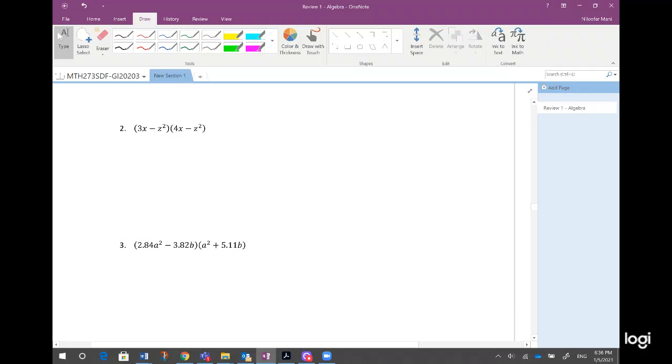Okay, so how about here? Is it conjugate? No, it's 3x and 4x, so they are not like each other. Also, it's not minus and plus. So this one is 12x squared minus 3xz squared minus 4xz squared plus z power 4.